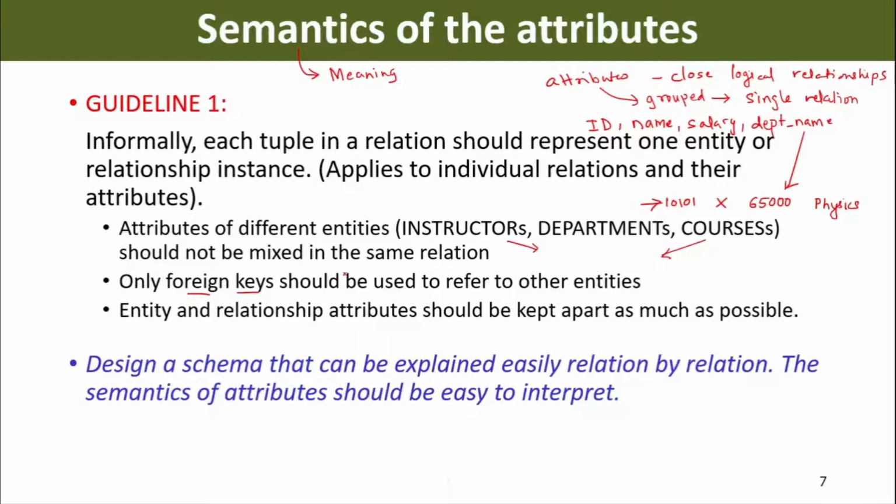While describing our design, it would be easier for us to describe a relation if we are creating relations which are semantically good. Right? So the semantics of the attributes should be easy to interpret. So whatever are the related attributes, we should group all those attributes together. Right? So this was guideline number 1.